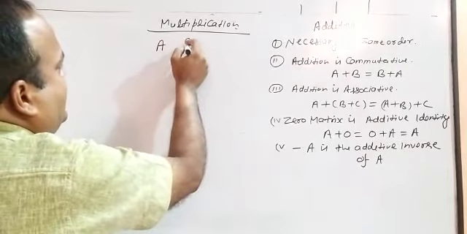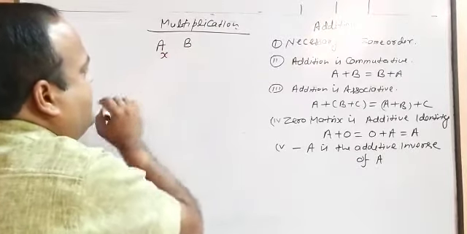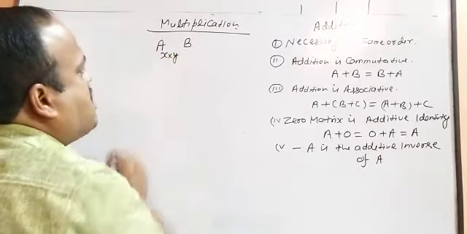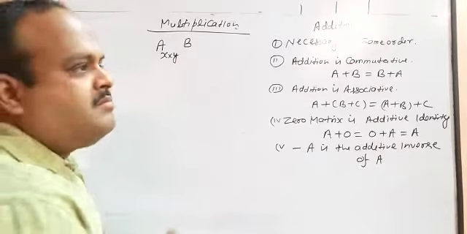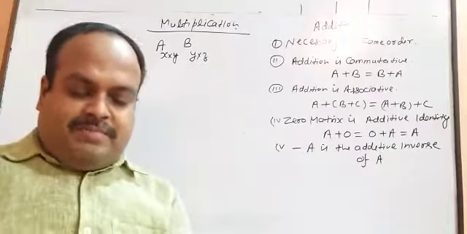Two matrices A and B of order x by y and y by z can be multiplied.